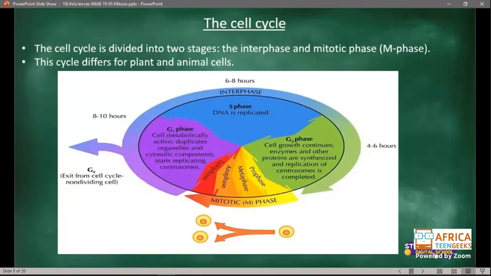So starting off with today's lesson, we are still talking about the cell cycle. So the cell cycle, as we stated, is divided into two stages. That is the interphase and the mitotic phase, or the M phase. So this diagram here is what we looked at yesterday. This is the interphase, and it is taking up most of the time of the cell cycle.